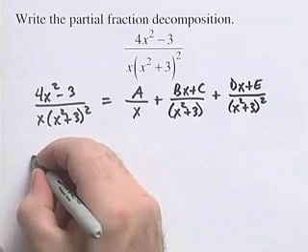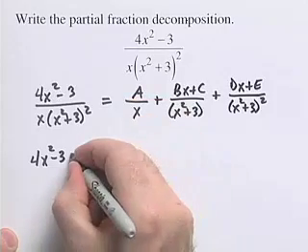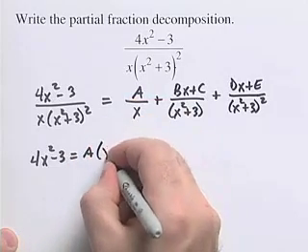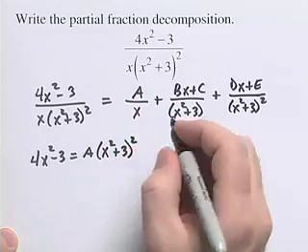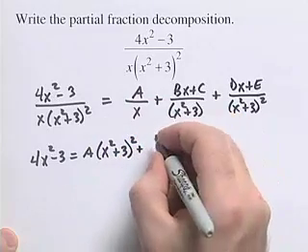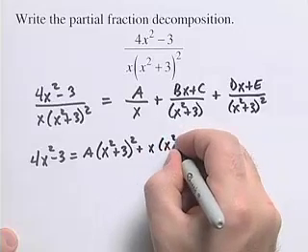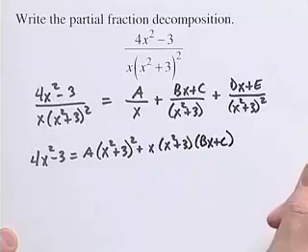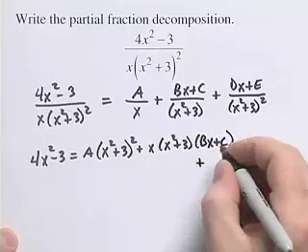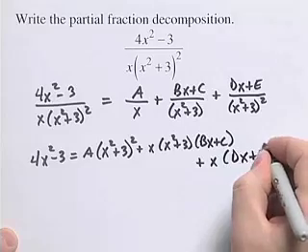That'll give us the identity 4x squared minus 3 is equal to A times x squared plus 3 quantity squared plus x times x squared plus 3 times Bx plus C plus x times Dx plus E.